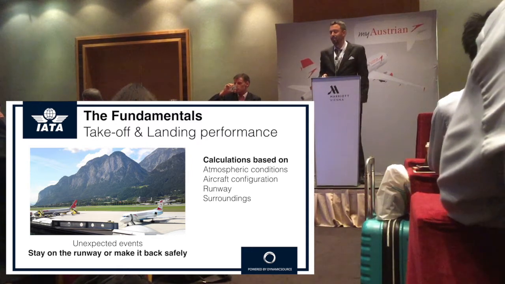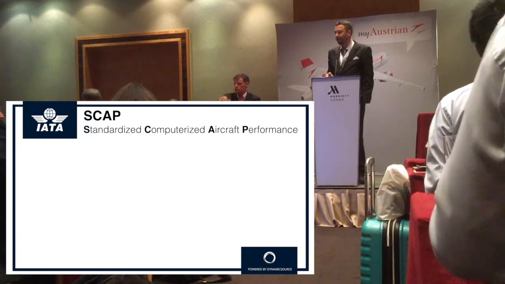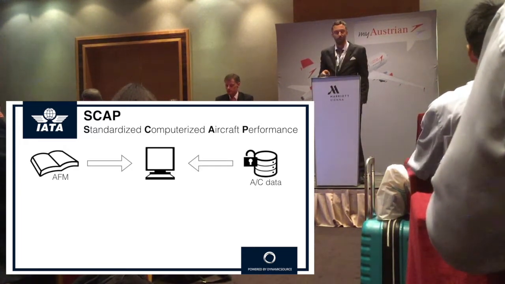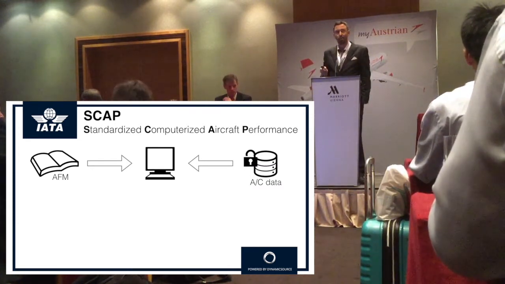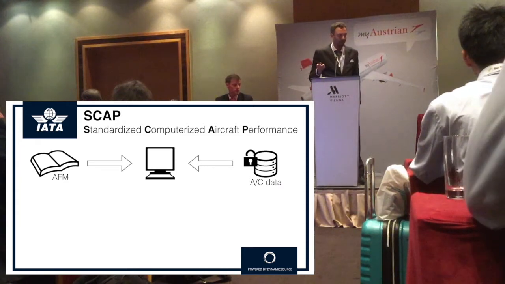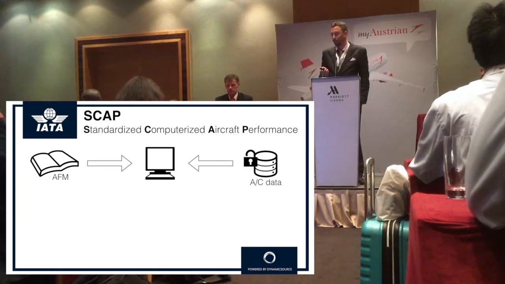And to do these calculations, we have the SCAP, which stands for Standardized Computerized Aircraft Performance. What it basically is, is the airplane flight manual together with aircraft proprietary data bundled together into a calculation engine. And these engines can take two forms.